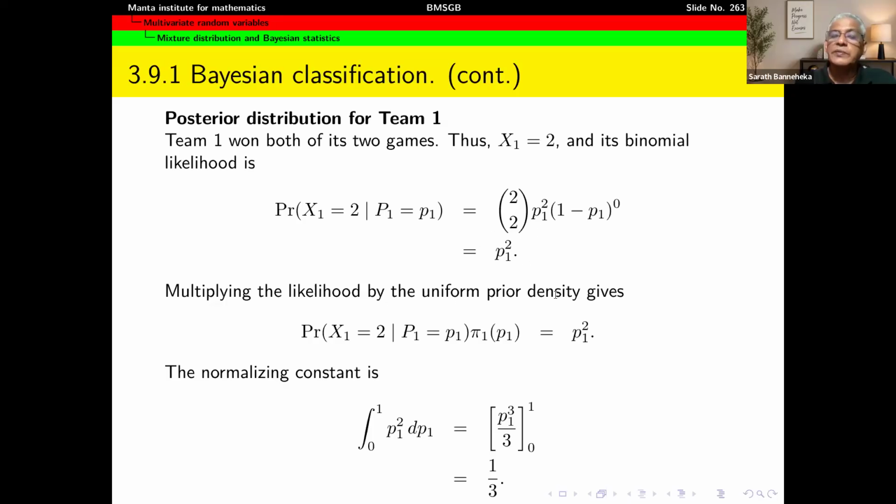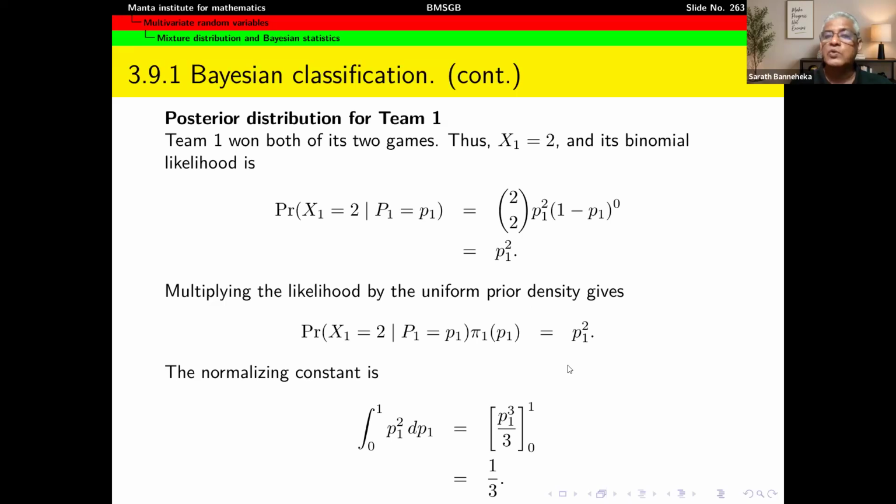By the uniform prior, you get a constant times the posterior, but you have to find out the constant to make it a proper density. So you have to have a normalizing constant. The normalizing constant is given by the integration of this one from 0 to 1. You cannot take this one directly as the posterior density function because the integration of this one will not give 1.